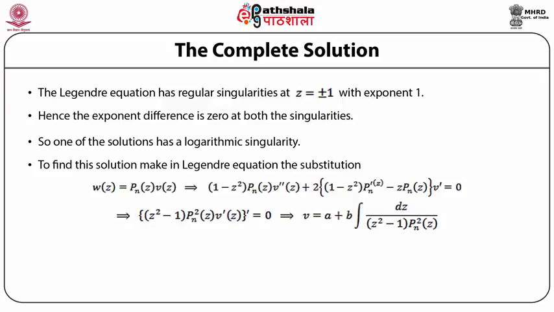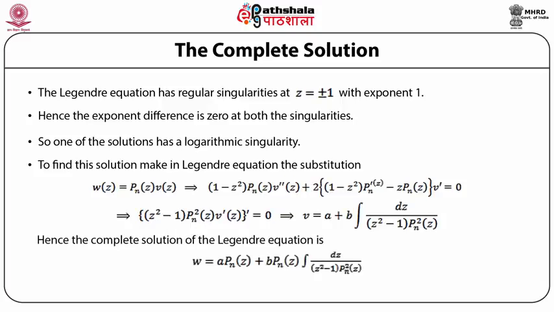On multiplying by Pn of z, this equation can be written as, within the brackets, I write (z square minus 1) into Pn square of z into v prime of z, brackets close, then the prime of the entire thing in the brackets is equal to 0. We integrate this equation twice and we get v is equal to a plus b times the integral of dz divided by (z square minus 1) into Pn square of z.